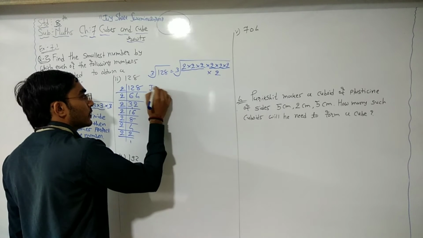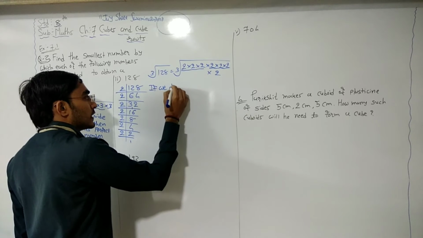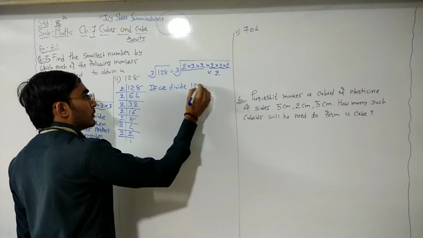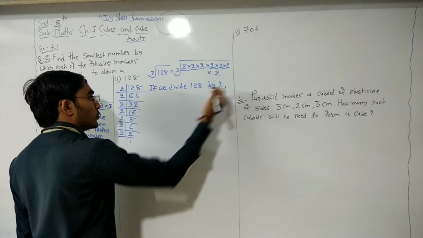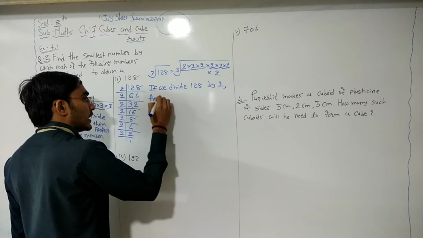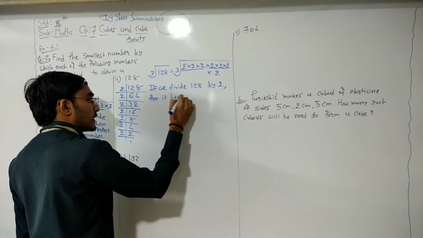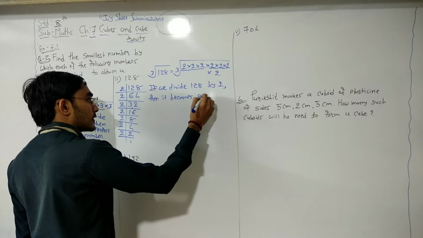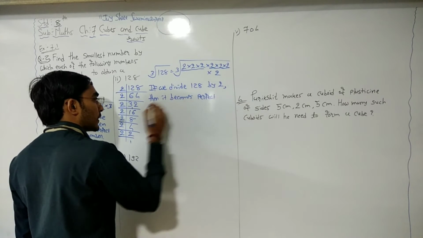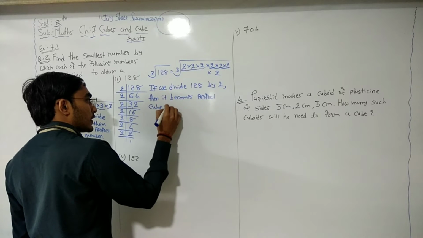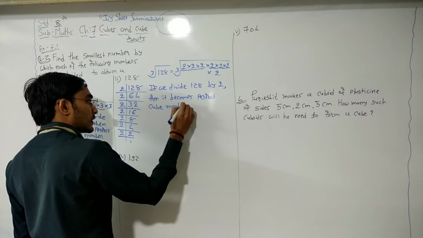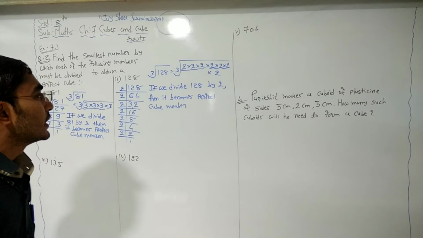If we divide 128 by 2, then it becomes a perfect cube number.